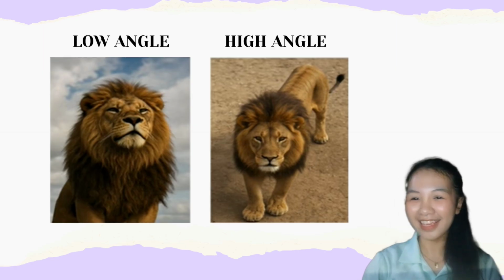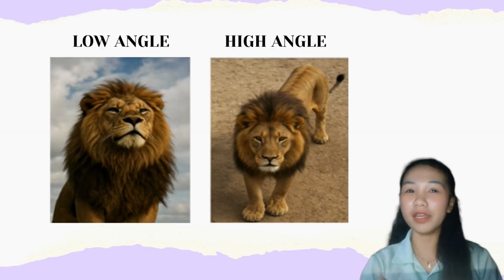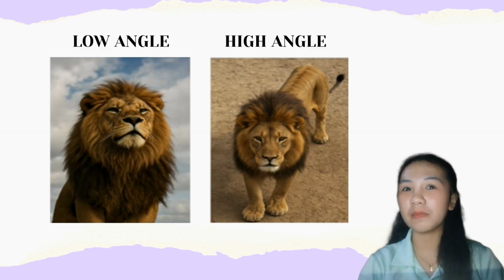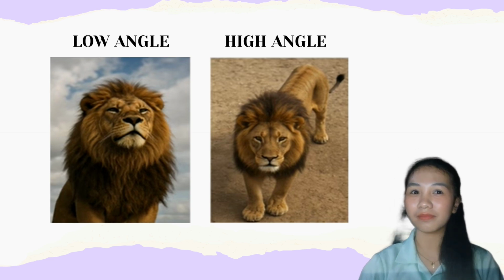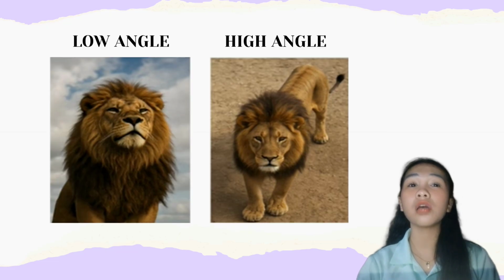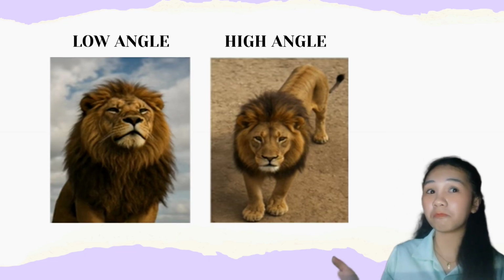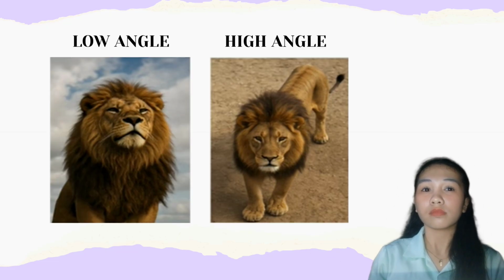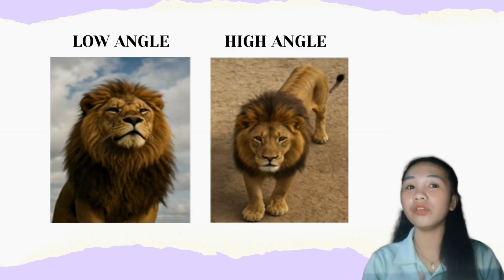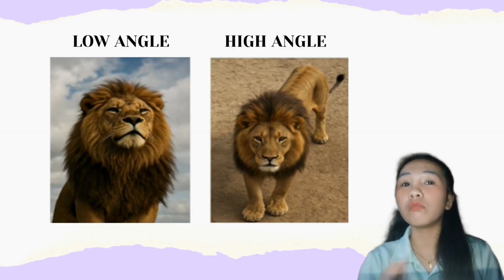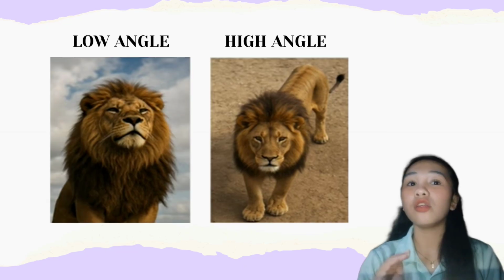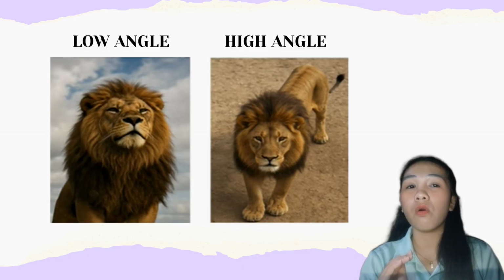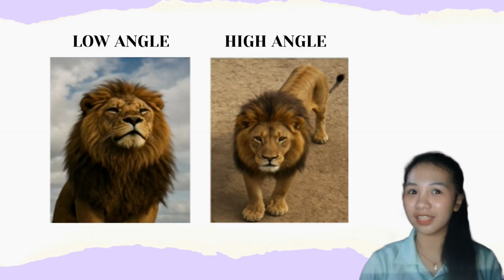Oh, it's a lion! In many African stories, lions are often shown as powerful and intimidating animals. An illustrator may use a low angle in this first picture, looking up at a lion, for it to look more majestic, dominant, or even scary.